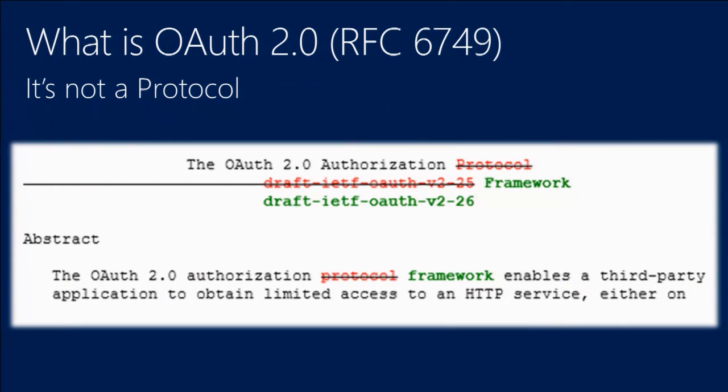They said, okay, it's not a protocol, it's a framework. There's other language in the specification that describes it as something you don't expect to produce interoperable implementations, because there are some key components missing, and that's intentional. Some of the key components that aren't there: it doesn't really describe how you're going to access a service. There's another RFC that tells you how you can do that for bearer tokens, and we'll use that later on in the demo.